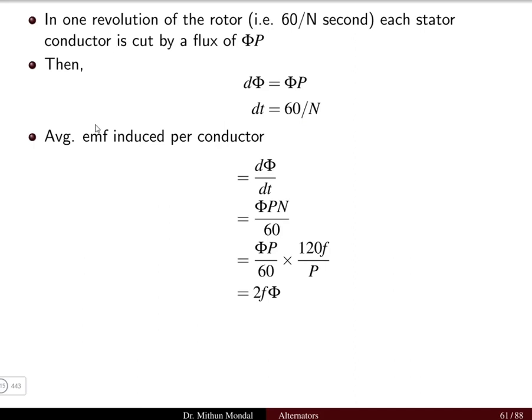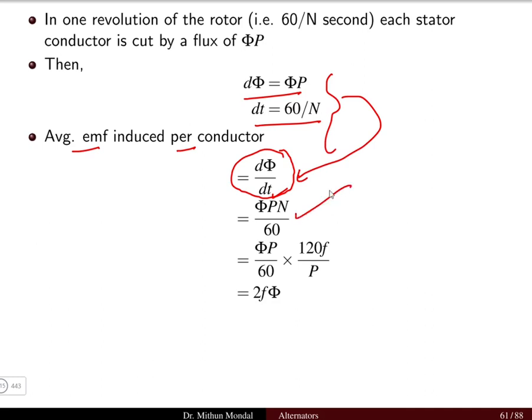According to Faraday's law, the average EMF induced per conductor is dΦ/dt, where dΦ is Φ·P and dt is 60/N. Substituting, we get ΦPN/60.